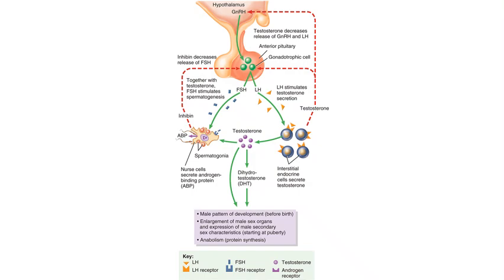FSH and testosterone act synergistically on sustentacular cells, and it stimulates secretion of androgen binding protein, or ABP, into the lumen of the seminiferous tubules and then into the interstitial fluid around the spermatogonia. Now, ABP binds to testosterone to keep its concentration high, and then testosterone stimulates the final steps of spermatogenesis in the seminiferous tubules.